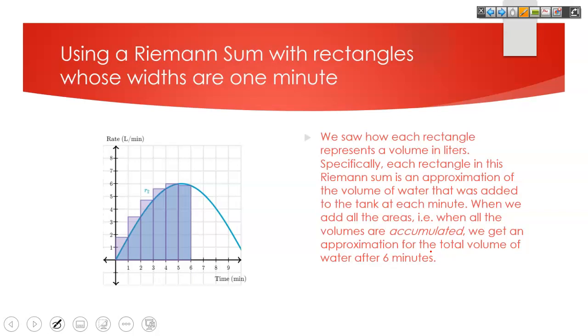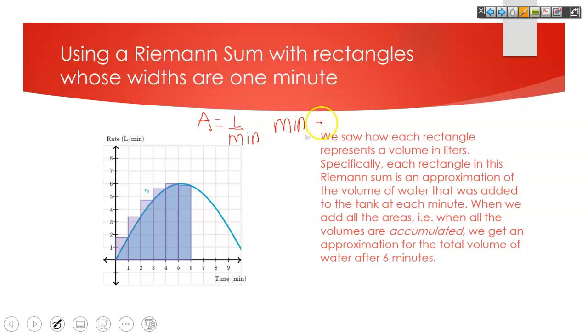If the rate is in liters per minute and the x's are in time, then if you're thinking about this in terms of the Riemann sum, the area is the height, which is in liters per minute, times the width, which is in time, which is in minutes.